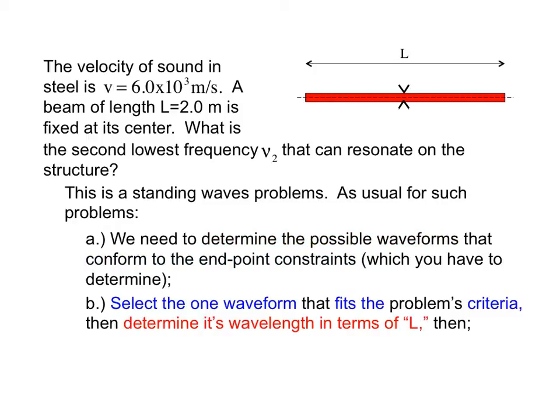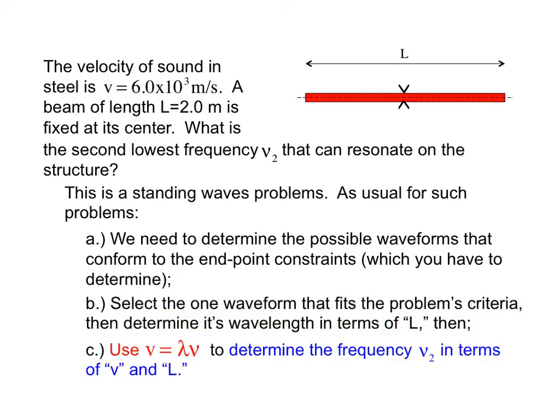Once we have an idea of what the waveforms are going to look like, we're going to pick the one waveform that fits the criteria for our particular problem, then determine what its wavelength is in terms of L, where L is the overall length of the system. I realize this is sounding kind of formidable at this point. Don't worry about it. You're going to see all of this happening in action relative to this problem in a couple of seconds, and you're going to see it's not that awful.